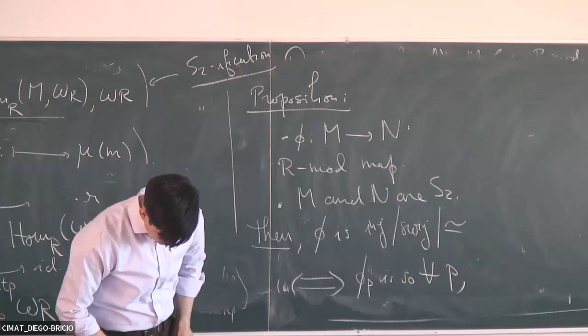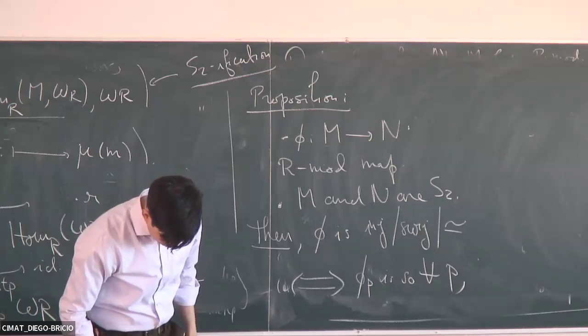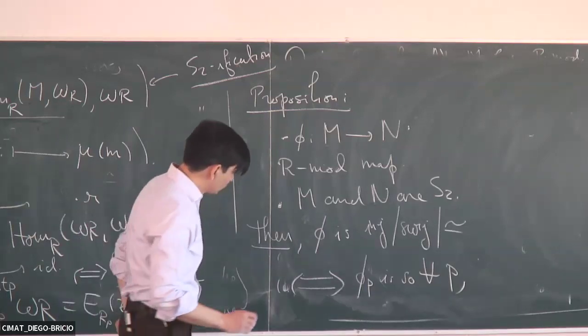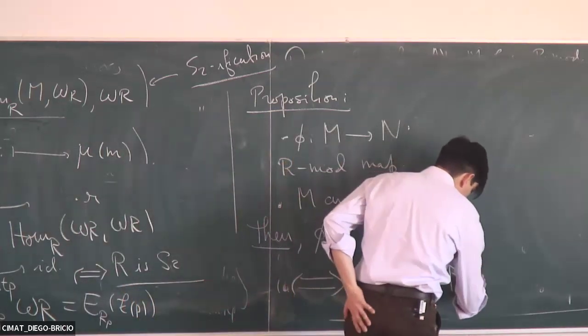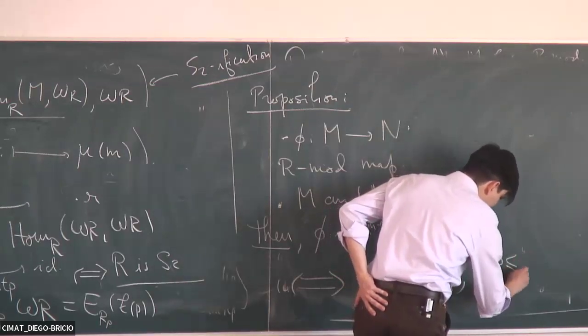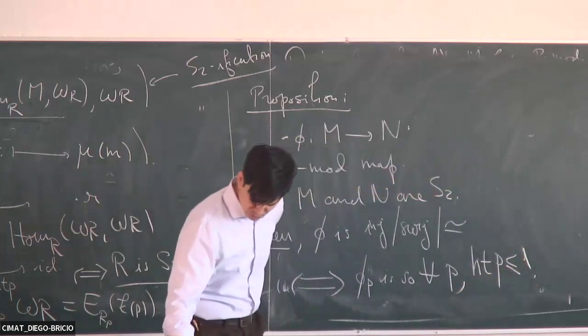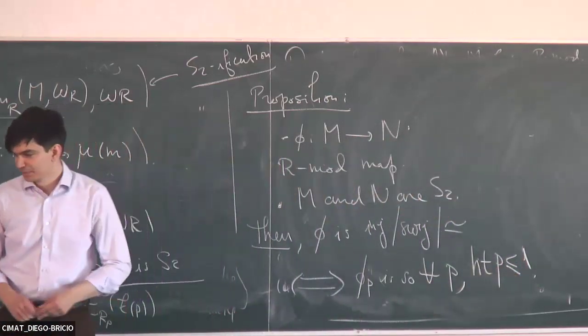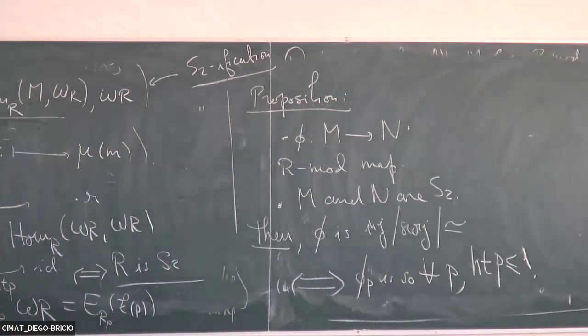If and only if this is true for all P of height, actually, there's a typo here: it says 2, but it should be 1. Isn't that absolutely crazy?